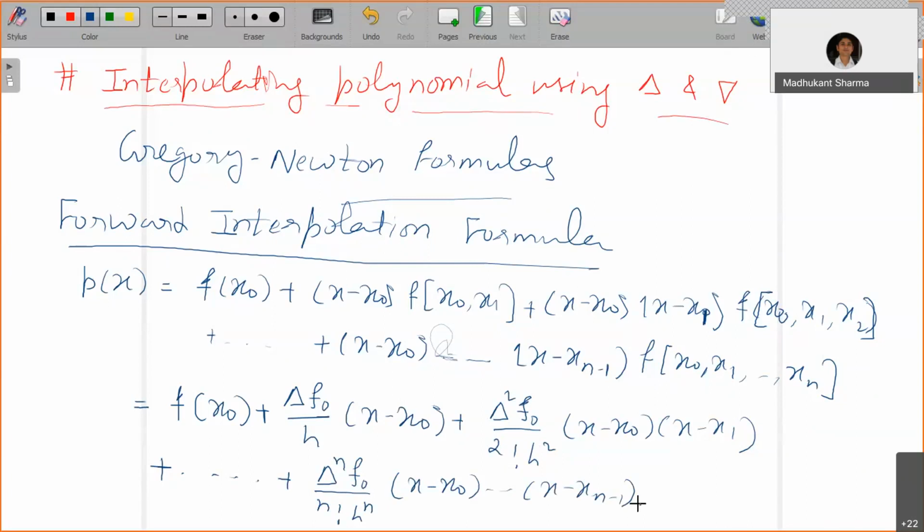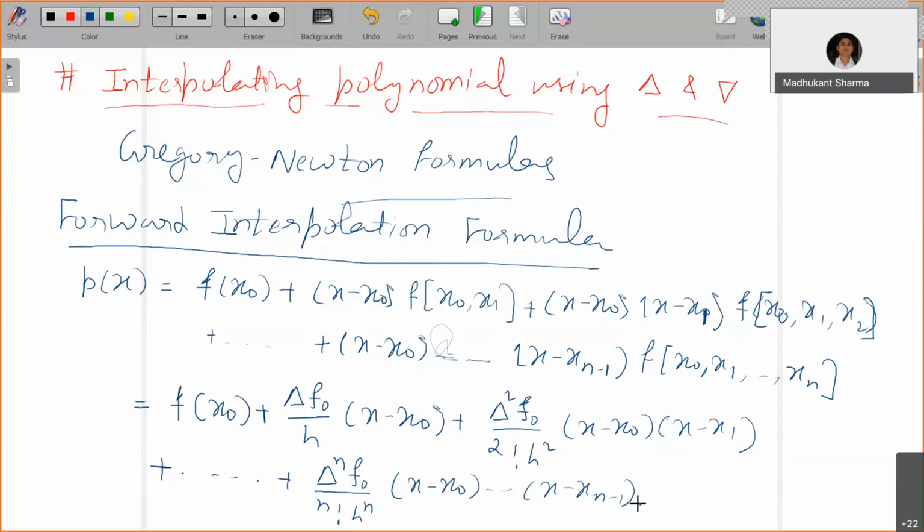So note that we have learned the theorem that interpolating polynomials may have different representations, but they are unique. If you simplify everything, the final polynomial that you get is unique.